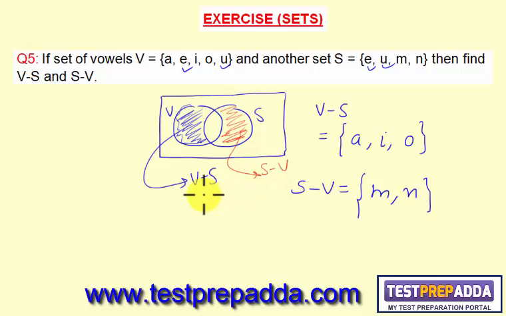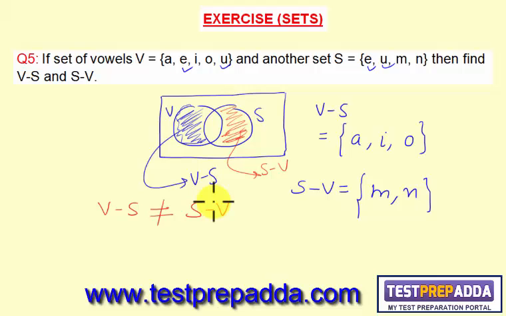So you can clearly see V minus S and S minus V. These two are disjoint sets. Okay. V minus S is not equal to S minus V.